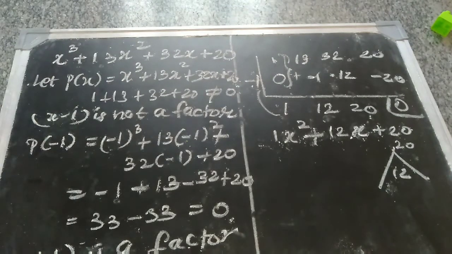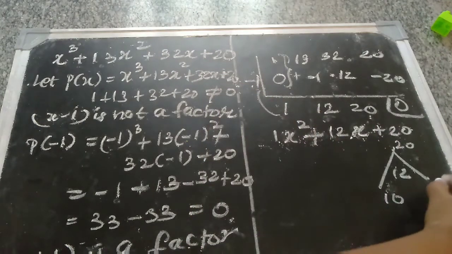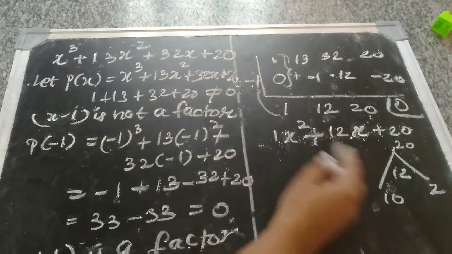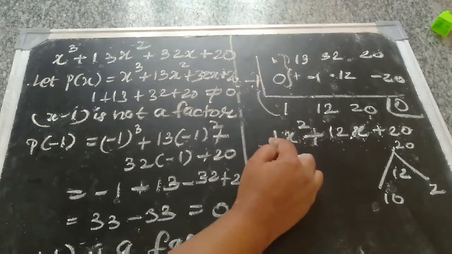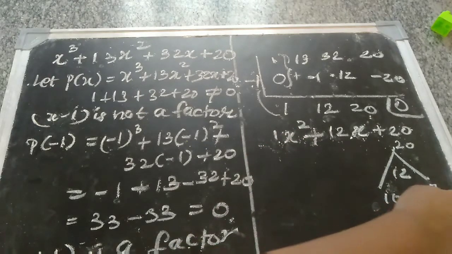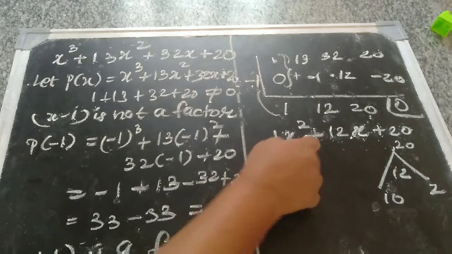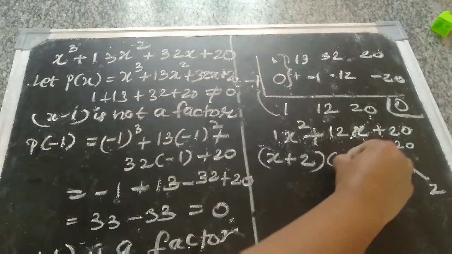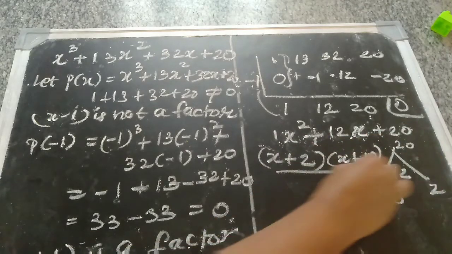What are the possibilities? 10 twos are 20. Dividing by 1 is not necessary, as it gives the same thing. So this quadratic polynomial's factors are x plus 2 into x plus 10.